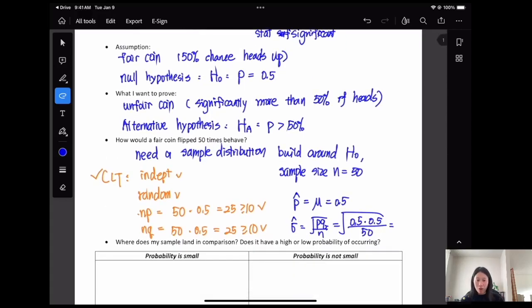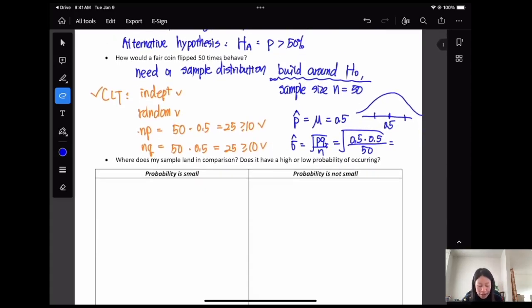And why do we want to build this normal model? Because we want it built around the null hypothesis. So the center of the normal distribution is going to be our null hypothesis, 0.5, and then 1 standard deviation, 2 standard deviations. Where does my sample land in comparison?